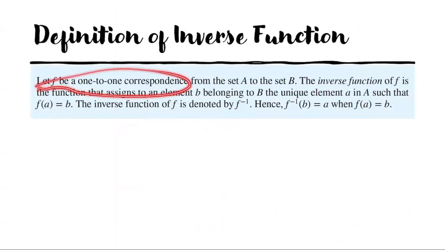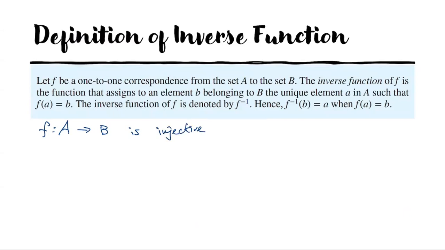So if your function is a one-to-one function from A to B, it's a one-to-one correspondence function, which means your function is injective and surjective.